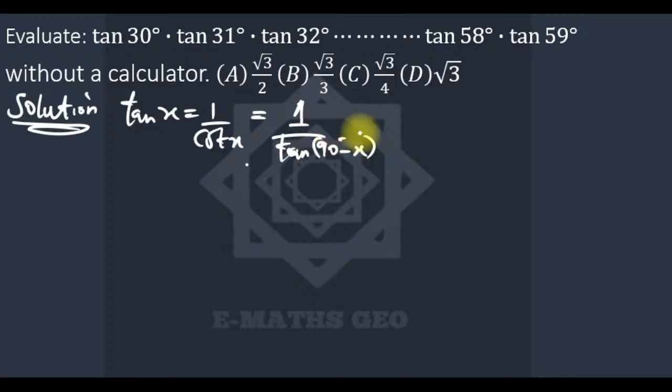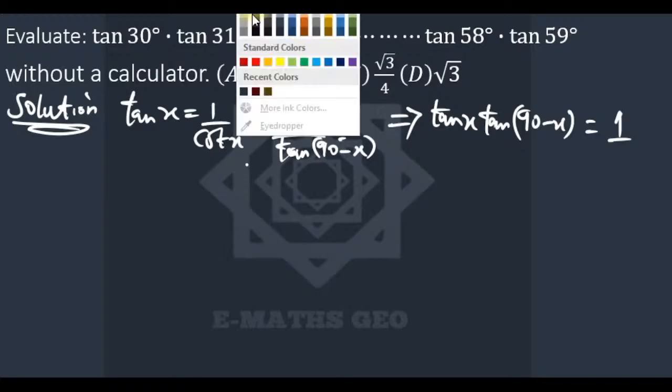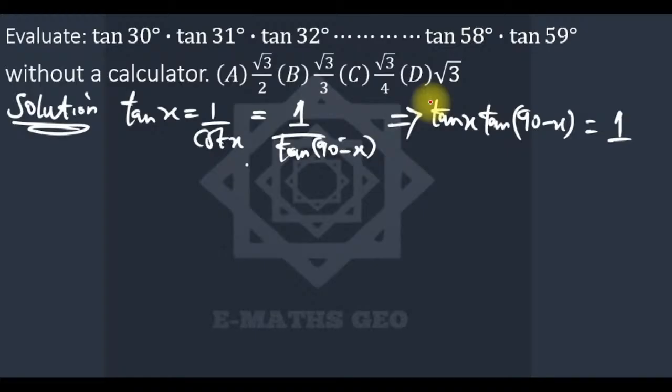Which implies that if you multiply tan x and tan(90 minus x), it gives us 1. You cross multiply. So this is a powerful identity to use, and we'll be using it to solve the equation.